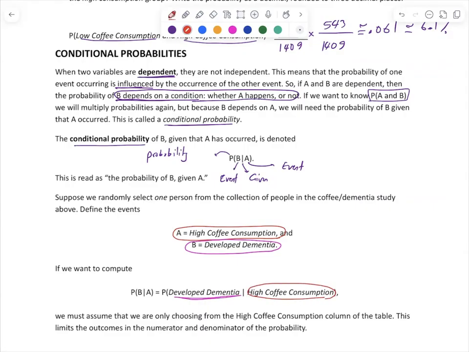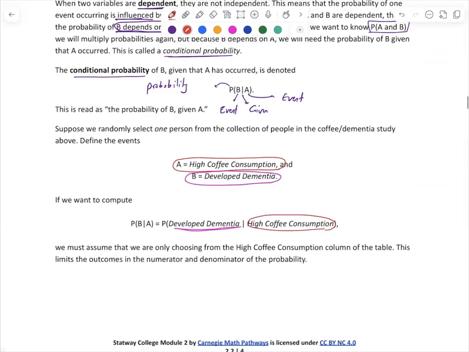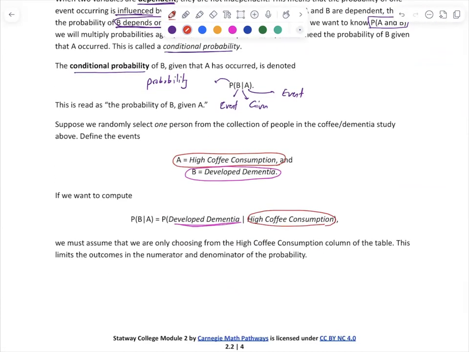If I drink coffee every day, 6 cups or more, what is the chance that I develop dementia? In order to calculate that probability, we have an interesting case.